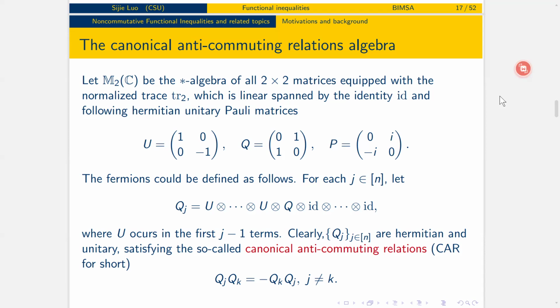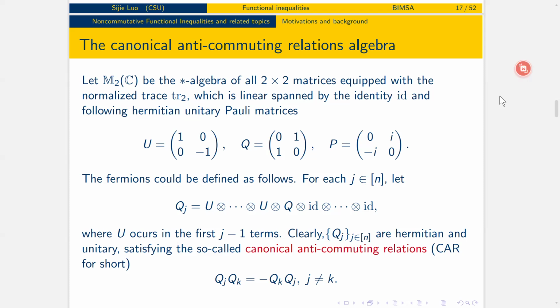It can be realized by tensor products of Pauli matrices. This is the Pauli matrix, this U, P, Q. For every j from 1 to n, q_j has its first j minus 1 terms equal to U, the j-th term equal to Q, and the last n minus j terms equal to identity.